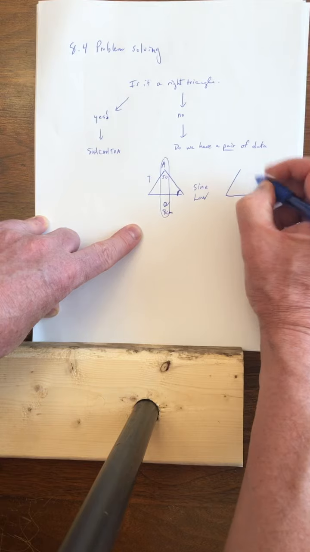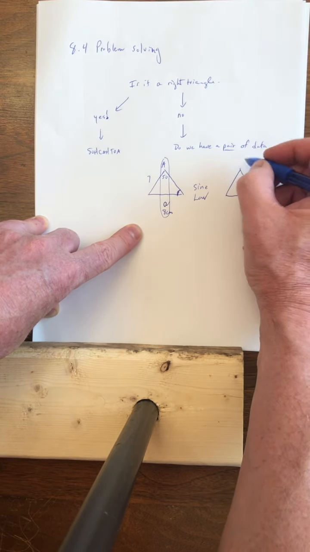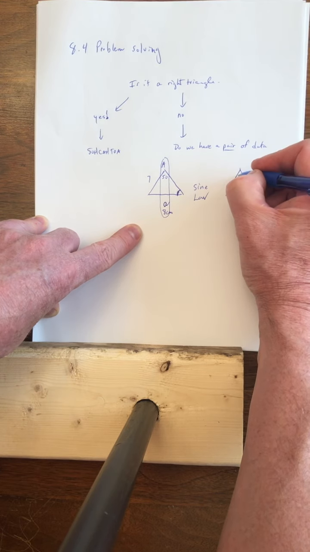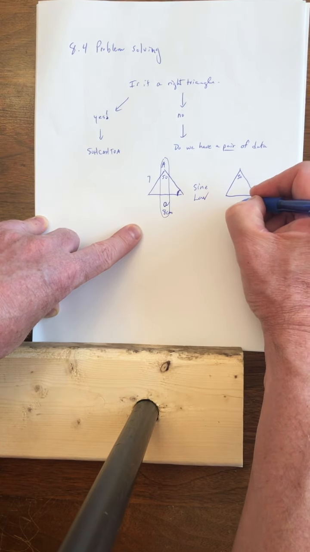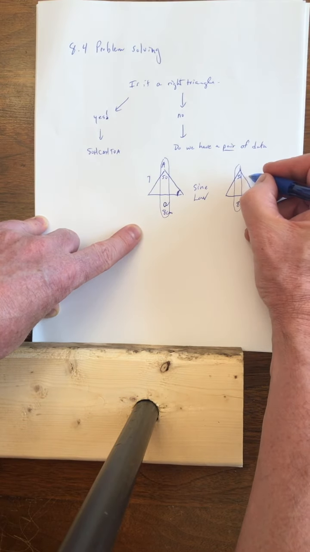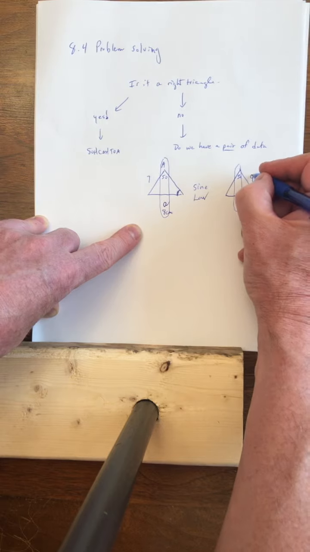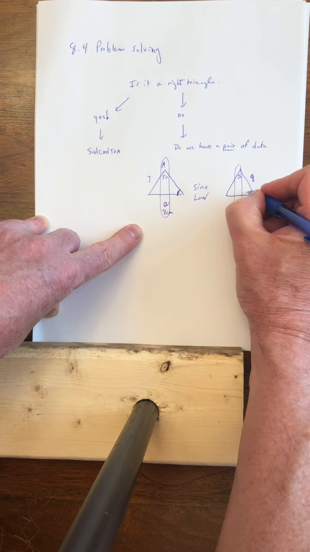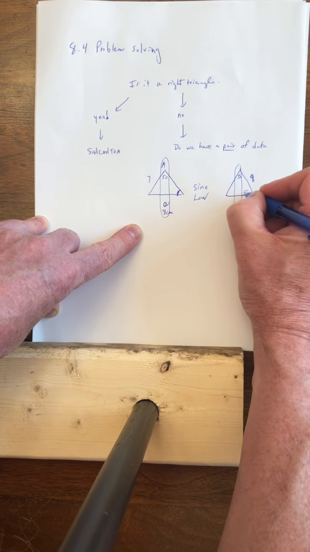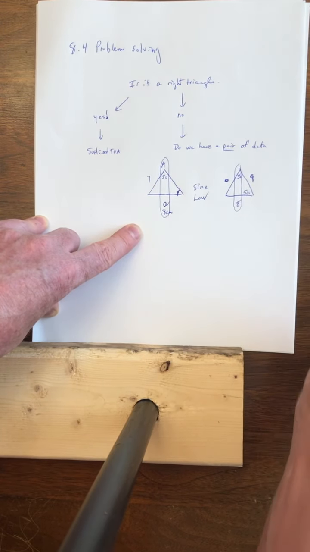And so here we can solve for the angle. We can also do the same thing if we have A and A, we have a pair here. We can also use that if we know this angle here, let's call it 50 as well, then we can solve for this angle as well.